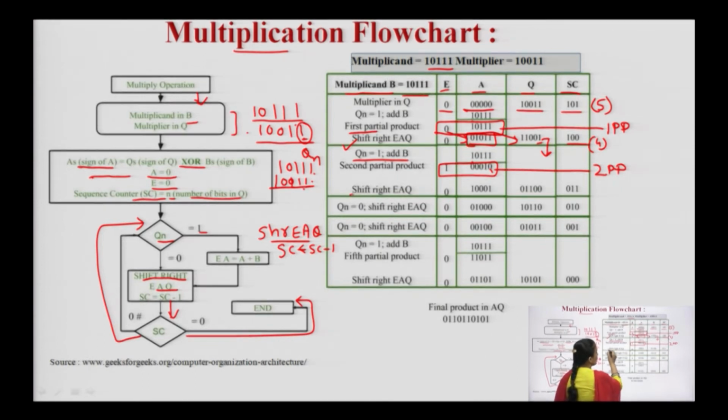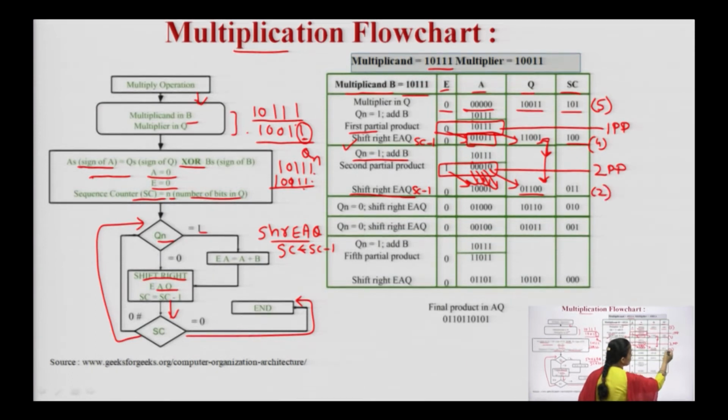So, here I am doing shift right EAQ, this 1 will come here, these 0, 0, 0, this 1 is the last bit, this 0 will move to here and this 1 will be dropped off and now I will have 01100, and sequence counter decrement, SC minus 1. So, my sequence counter here is 2.